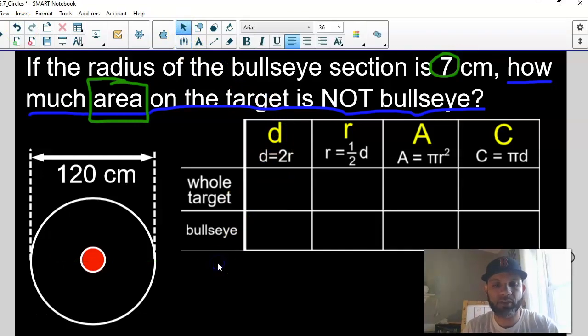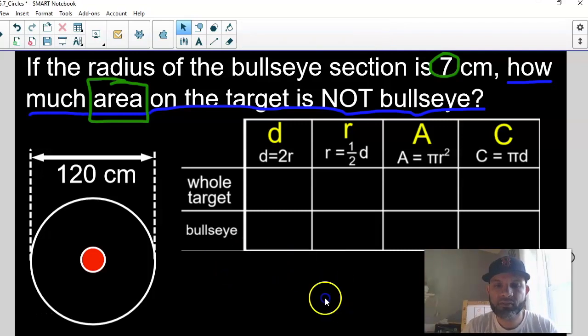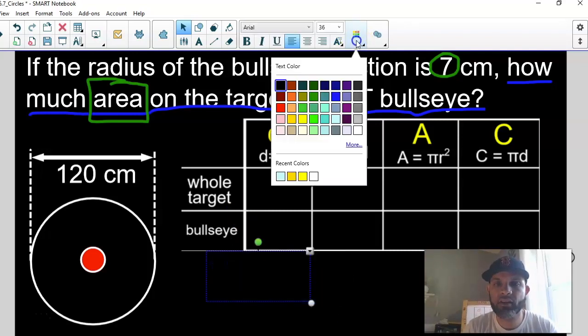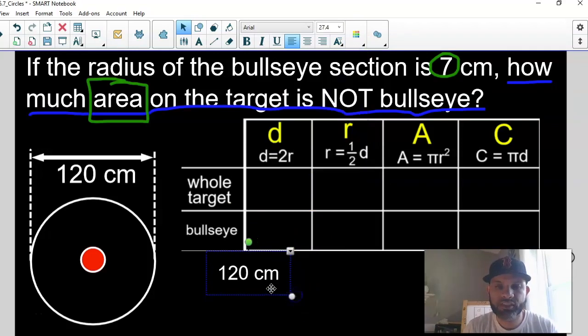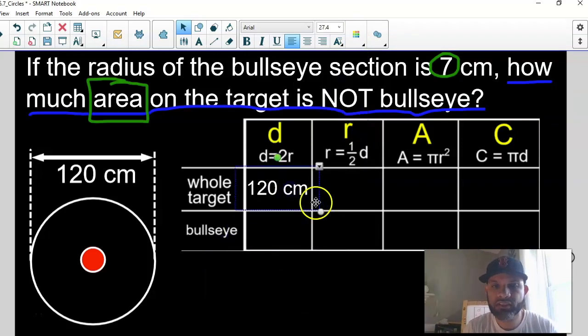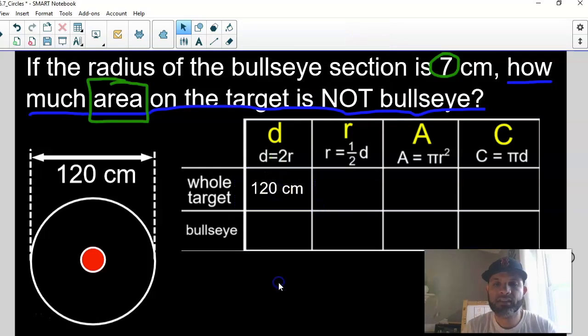Okay, so I'm going to put that 120 centimeters for the target, and we can say it's for archery in this case. All right, 120 is our diameter. So what is the radius? The radius is half of the diameter, right?